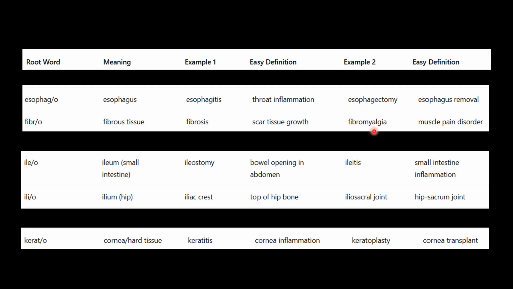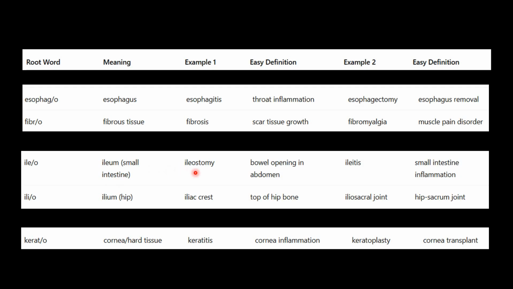The next root word is ile, which is ileum or ileo, which denotes the ileum or small intestine. So if you want to denote something as the small intestine, then in that case you will utilize the root word ile or ileo.